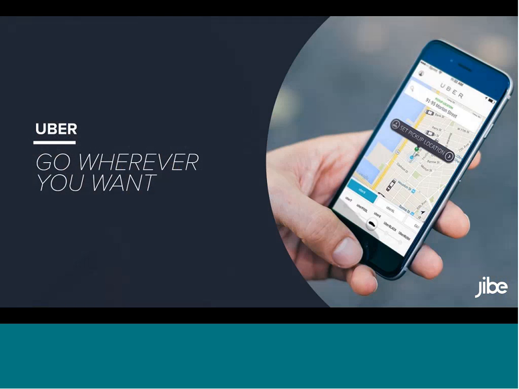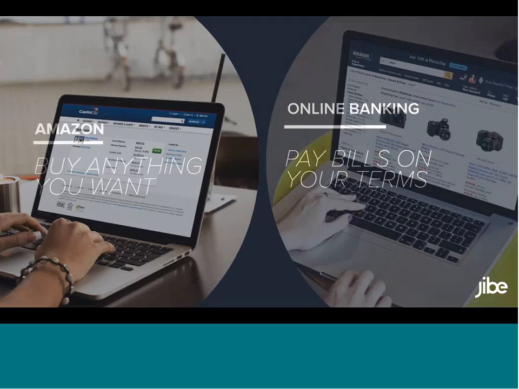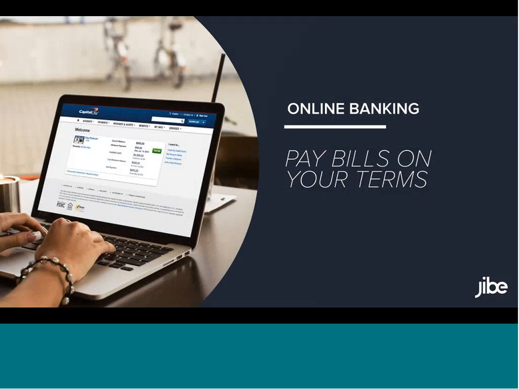I live here in New York City, and I can pick up my smartphone, touch a button, and a car will pull up outside my office and drive me home or to my next appointment. Software like Google, like Uber, I can buy anything I want on Amazon. Even when I go online and pay my bills, the experience is really awesome. It's been optimized to make it really simple and elegant for me to use.